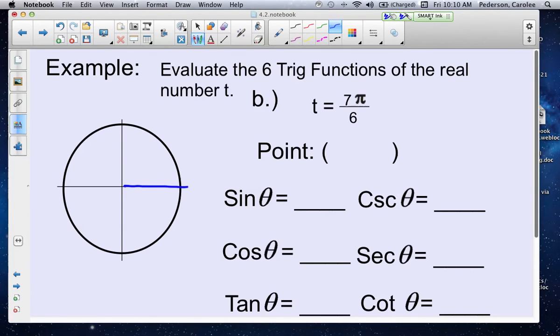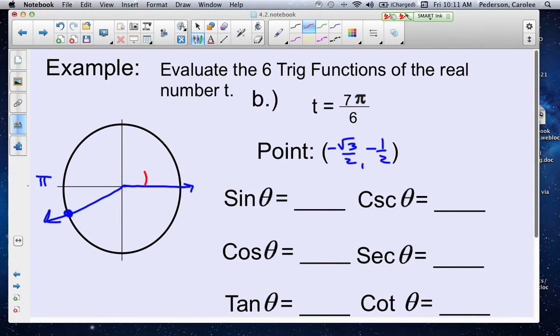Here's my initial. I would split up this into 6 pieces. And I split up the bottom into 6 pieces. Do you agree it's about down in here? Yep. So what point is that? Negative square root of 3 over 2 and -1/2.